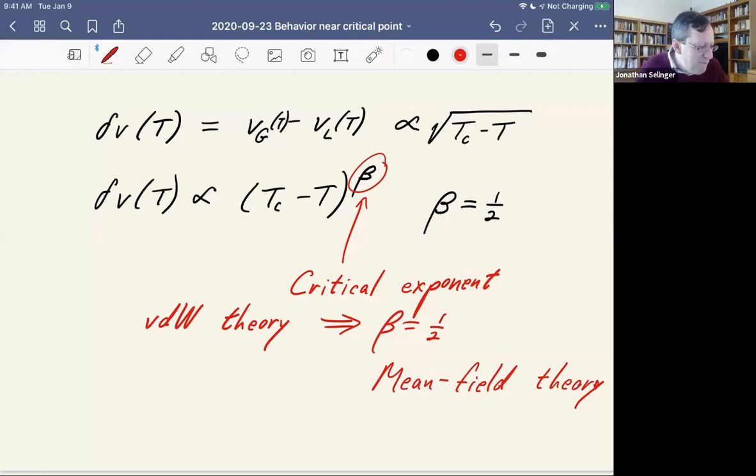If people study it experimentally, they get a different value. It's a smaller exponent. I don't have it in my notes right here, but I am remembering that the experimental value in 3 dimensions is 1/8. So mean field theory is not exactly right.